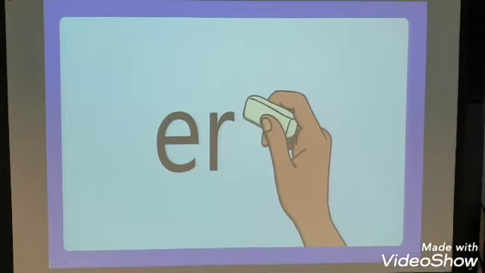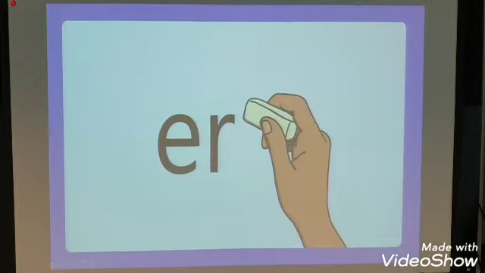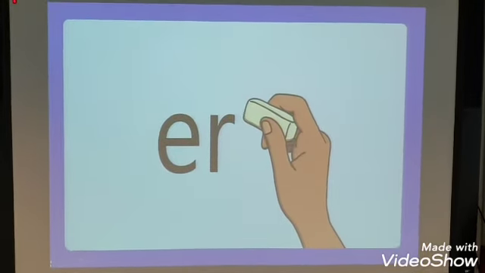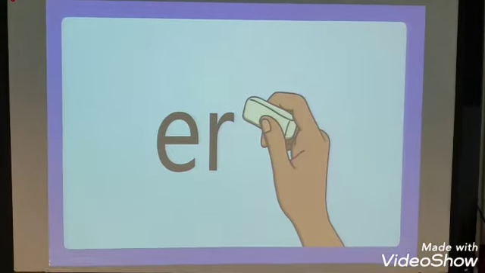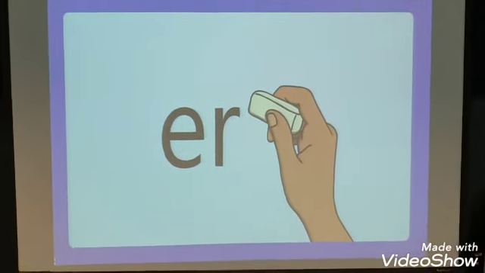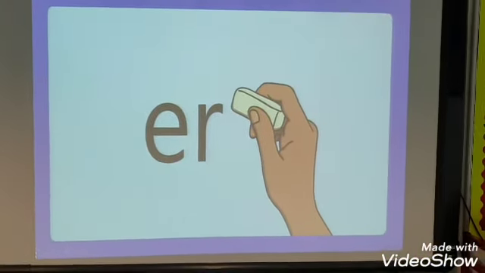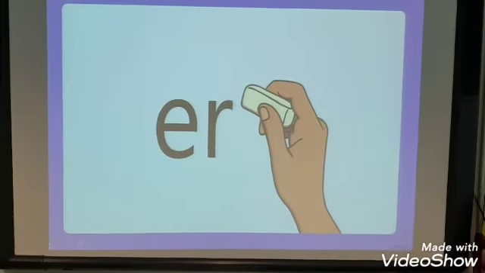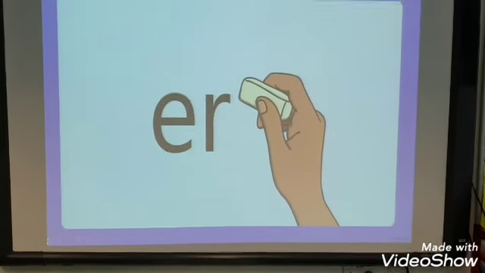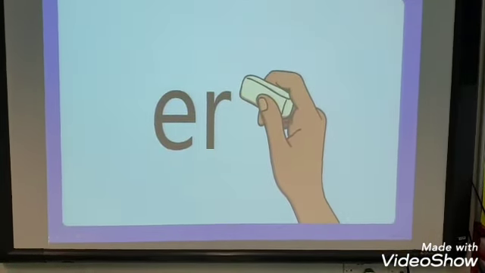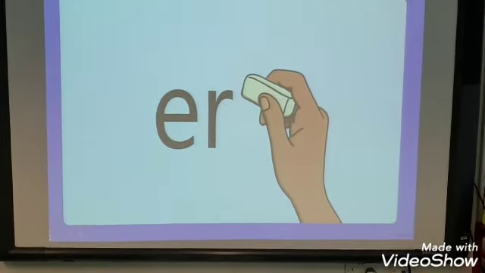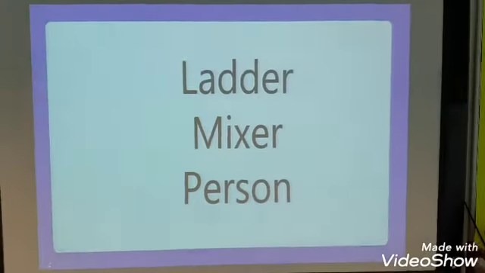And finally, the word person. Person. Can you write the word person? Maybe you could make a sentence using more than one of these words in the same sentence. The person climbed up the ladder. That would be a great sentence.